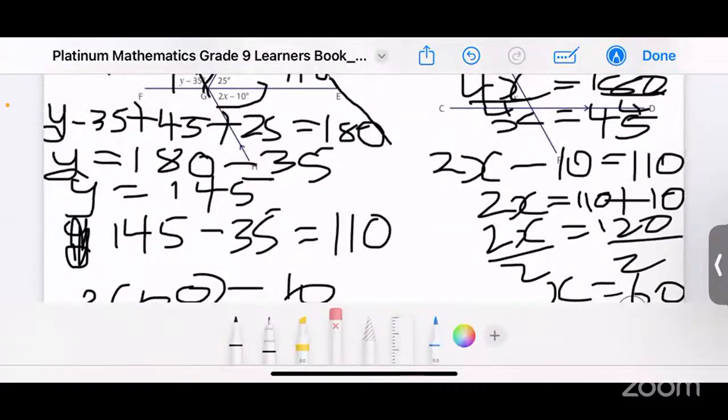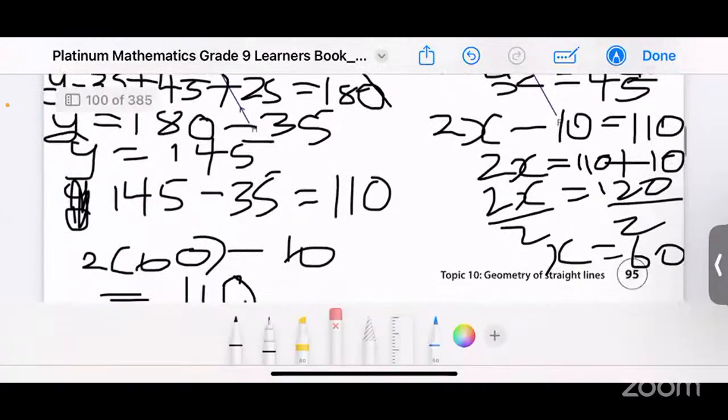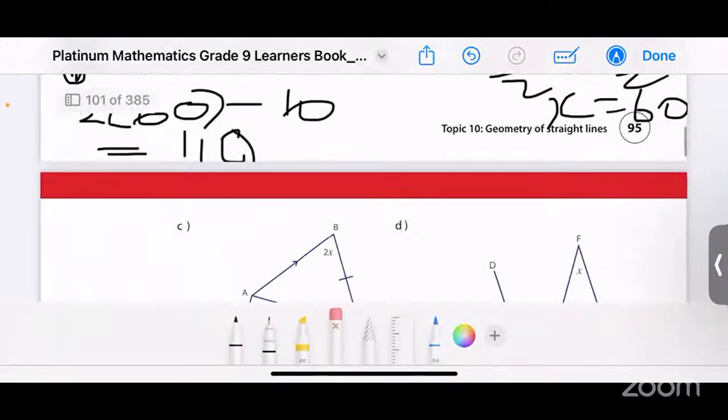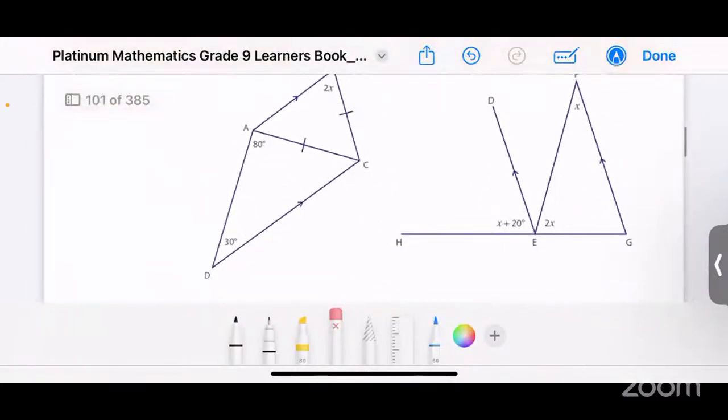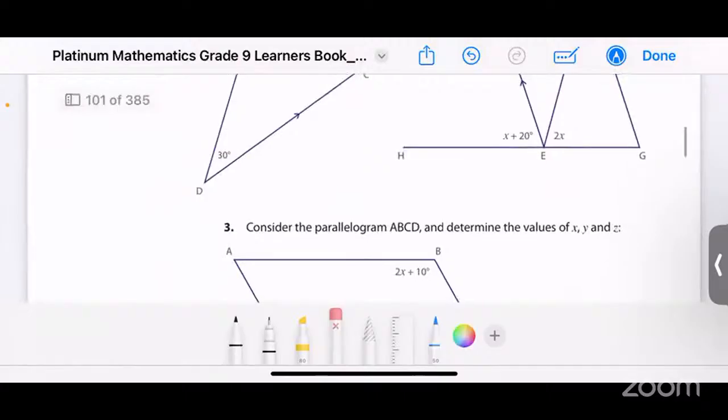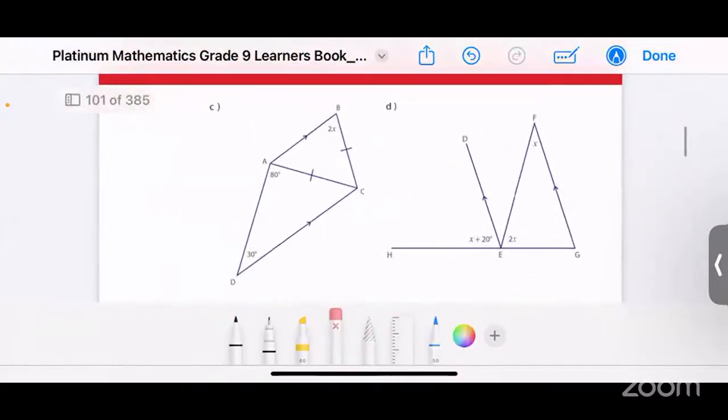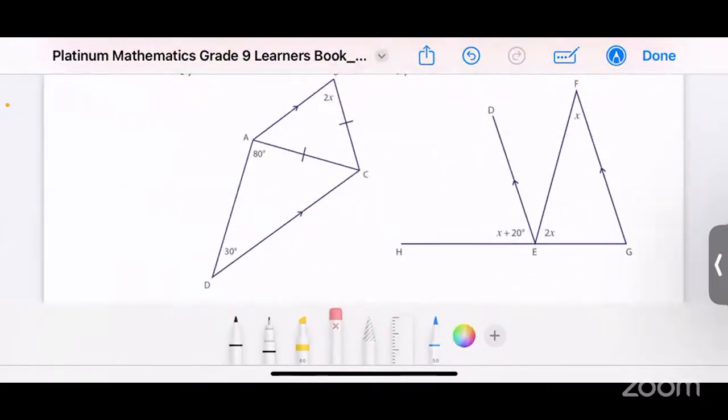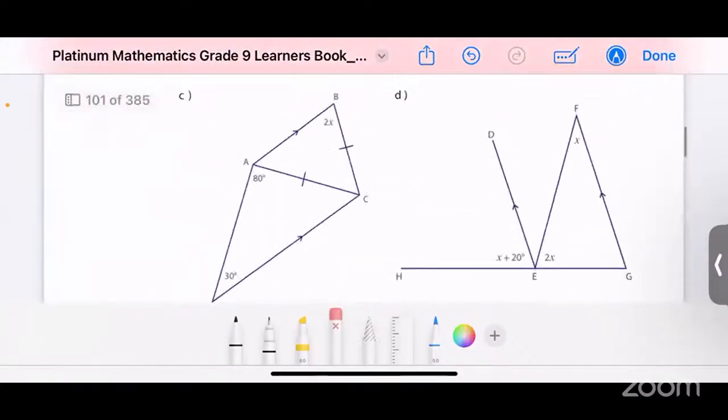Because our time is not going to permit us. These are the 3 questions we are having. We've got C. Ma'am, can we please do D? Yes, please, ma'am. Okay.